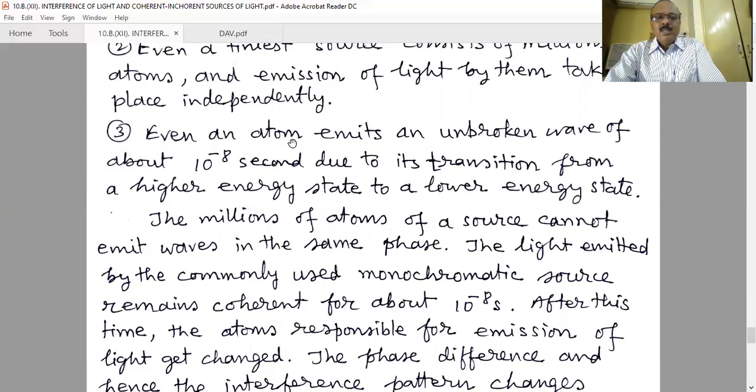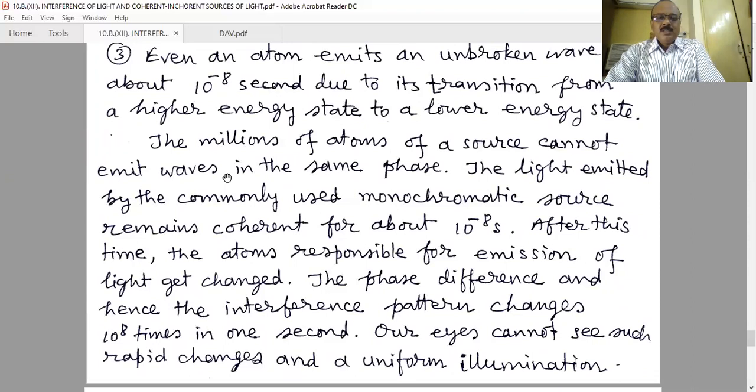During that time, it emits energy in the form of electromagnetic waves. Therefore, an atom emits an unbroken wave of about 10 to the minus 8 seconds.